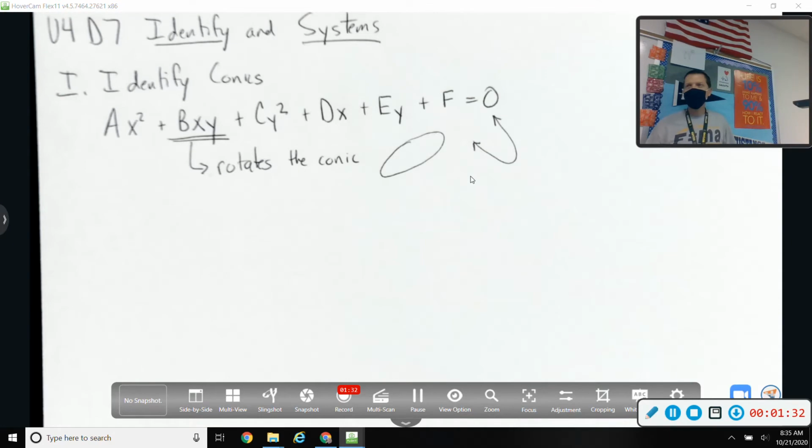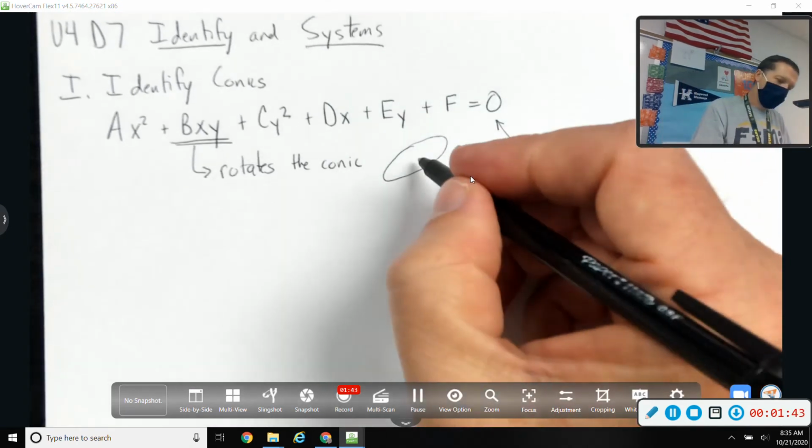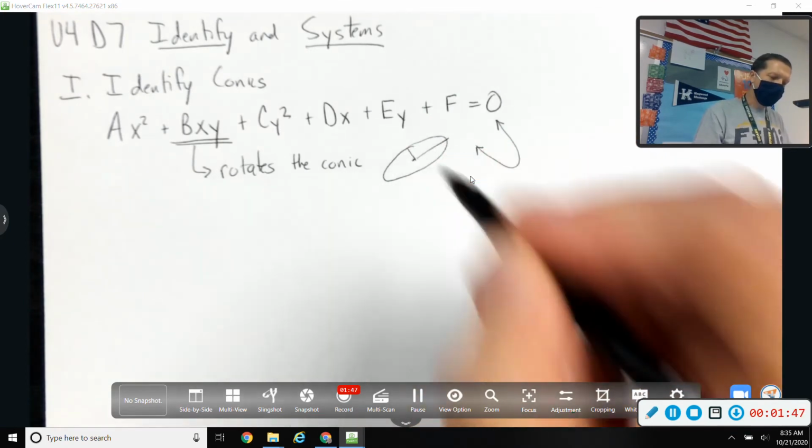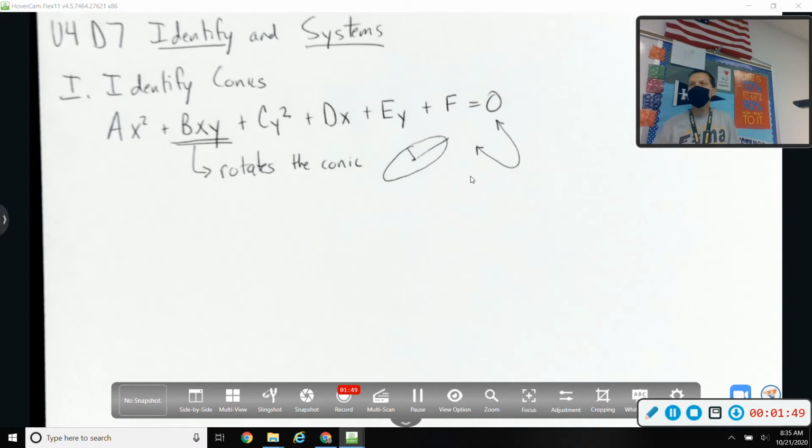To allay your fears, we're not going to have any of those because they're really hard to graph. You can do them, but they're tricky. Just thinking about the ellipse, how do you know a and b if it's all crooked? We're not going to do those. We're not going to have any that have an xy term in them.